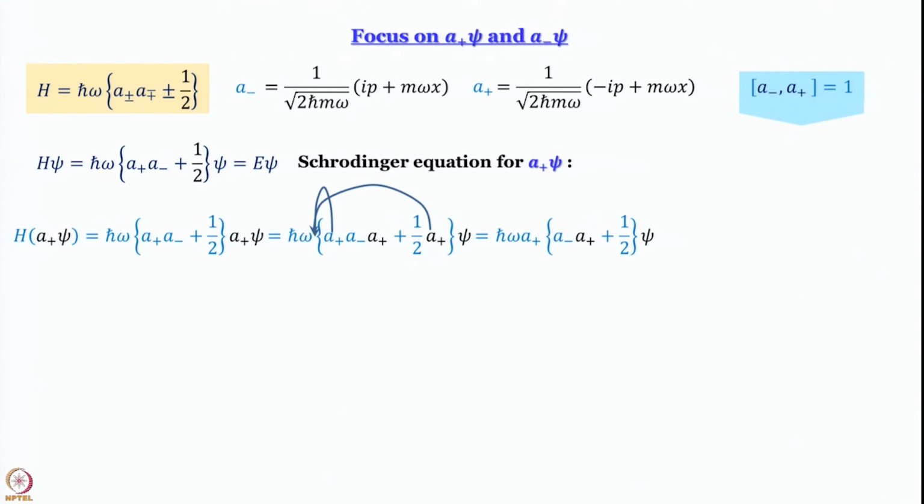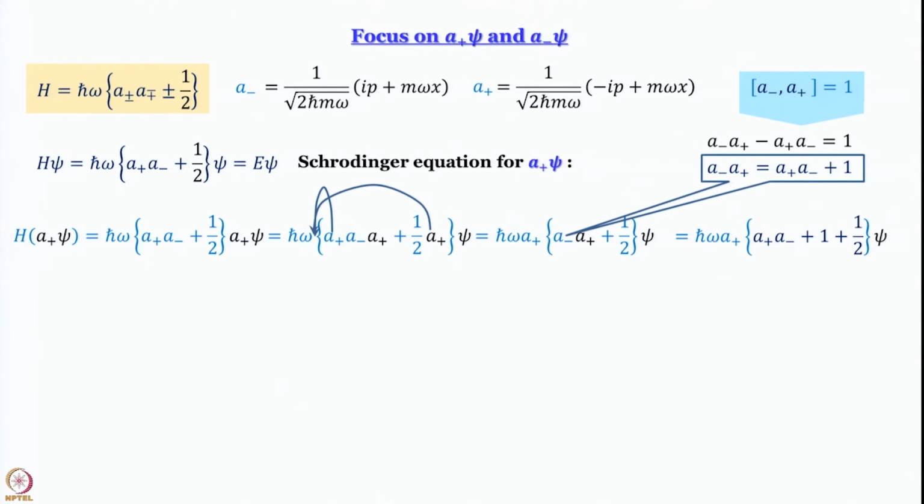Okay, so let us expand this a little bit. What it means is A minus A plus minus A plus A minus is equal to 1, or A minus A plus is A plus A minus plus 1. Next step should be very obvious. I will take this and plug it in there. Why am I doing this? In order to get an expression like that of the Hamiltonian.